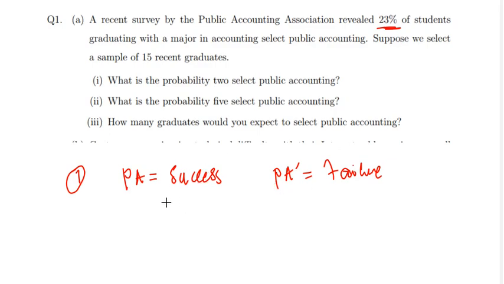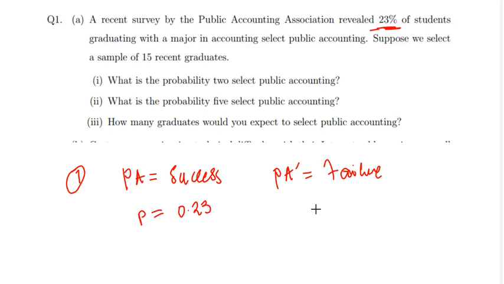If they choose public accounting, the probability of success, let's label it as P, is equal to 23%, and I'm going to write that as a decimal value, 0.23.